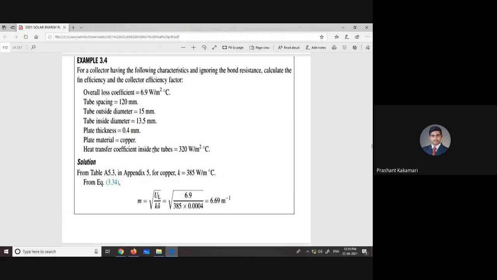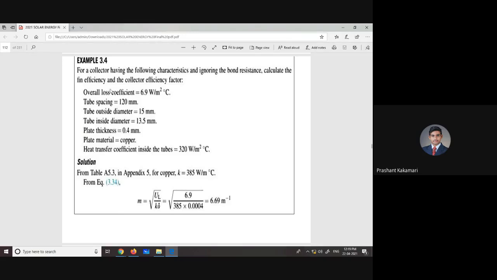In our IA test or the exams, this conductivity can be mentioned in the problem itself. The conductivity is given as 385 for copper. UL value you can take as 6.9. If UL is not given, you can take the convective heat transfer coefficient H into perimeter.